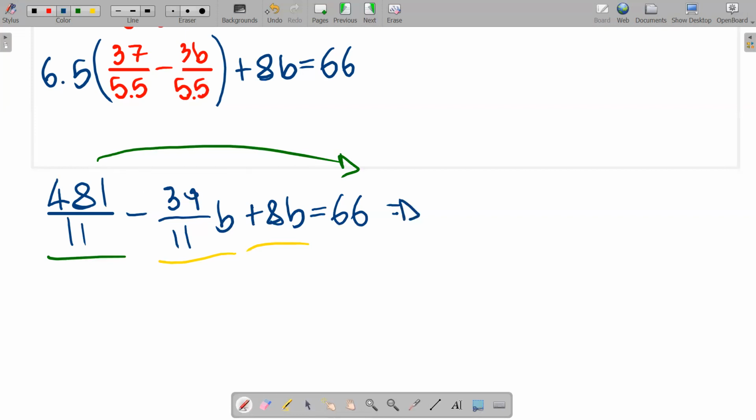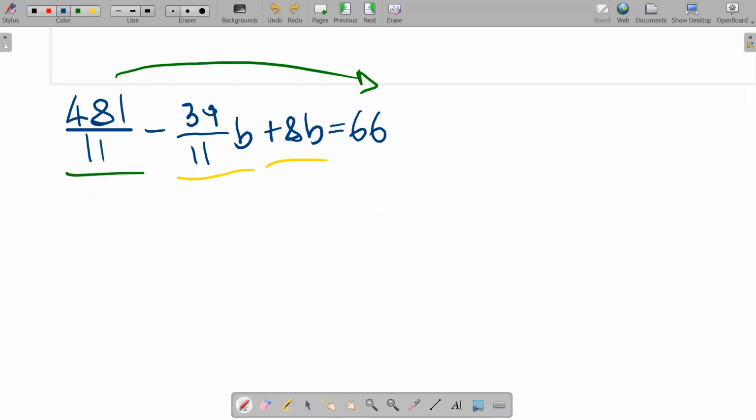The first operation, actually, I'm going to write it below, is going to be negative 39 over 11 plus 8. 8 minus 39 over 11 will give me 49 over 11 B. Now, 481 over 11 becomes negative on the other side. So we have 66 minus 481 over 11.